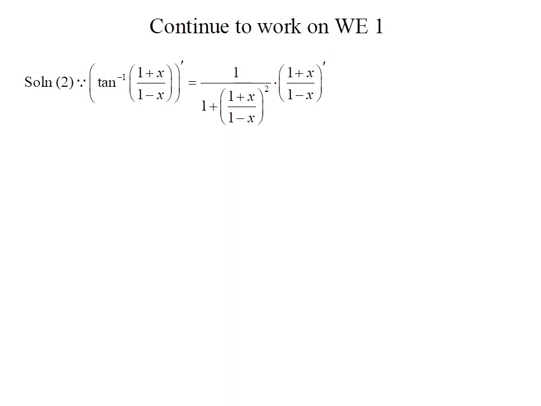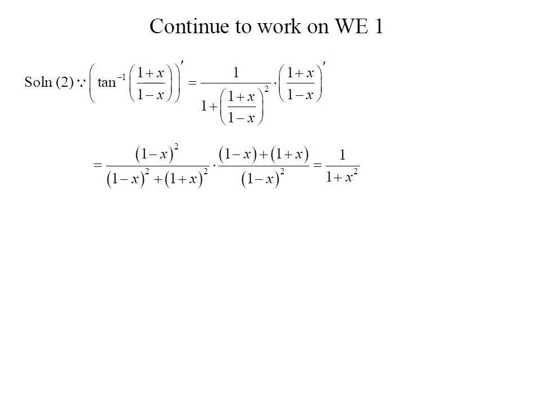After being simplified, it equals 1 over the sum of 1 plus x squared. Hence, d arctangent of (1 plus x) over (1 minus x) can be written as 1 over (1 plus x squared) dx.